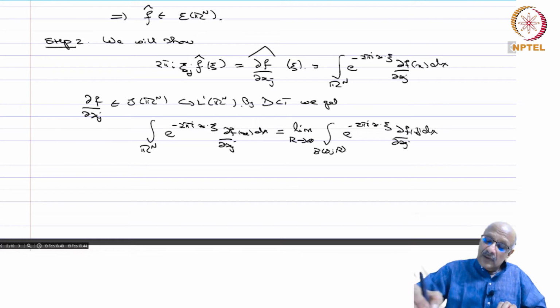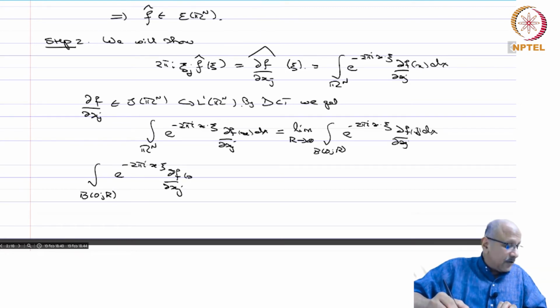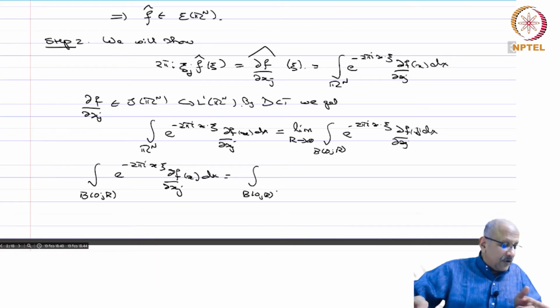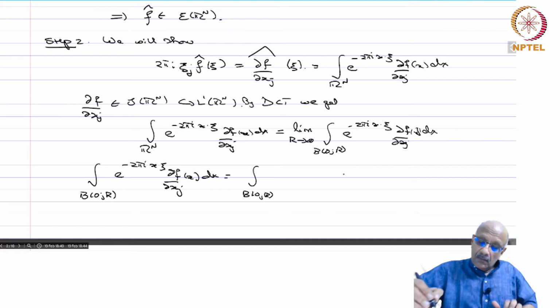So we just have to look at this bounded domain integral and see what the limit is going to be. So, the integral over B(0,r) of e^(-2 pi i x·psi) df/dxj evaluated at x dx is equal to the integral over B(0,r) of, so I am going to differentiate with respect to xj.